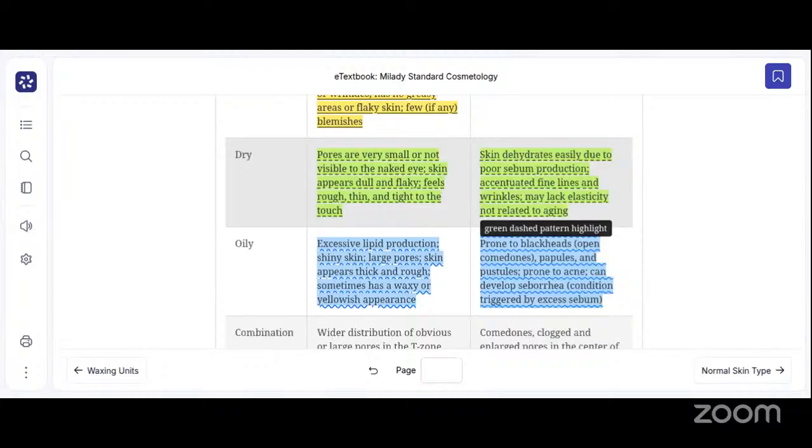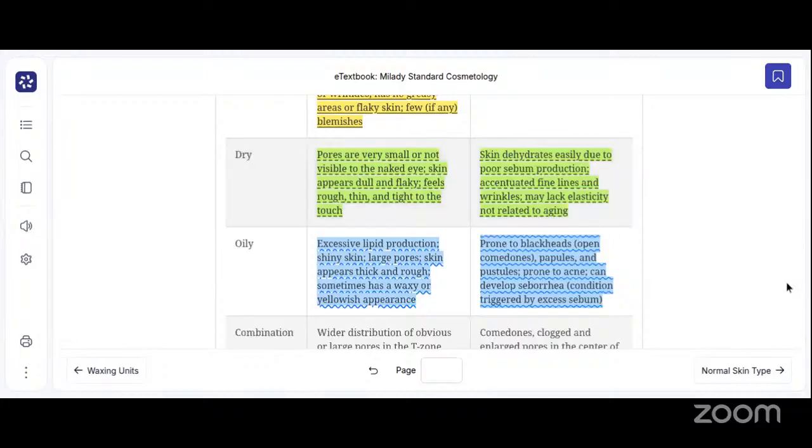The skin can appear thick and rough. Sometimes those areas could be what we call leathery patches or very dark parts of the skin. Sometimes has a waxy or yellowish appearance, especially with the overabundance of that oil.